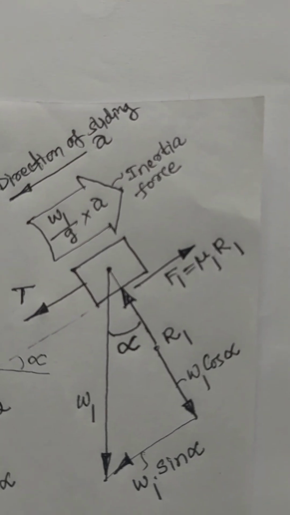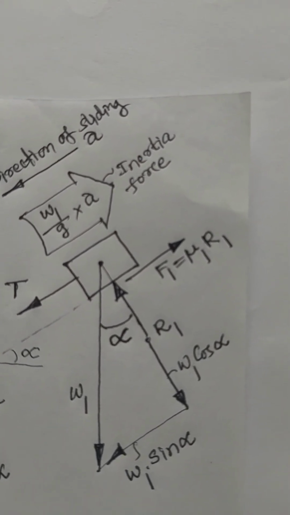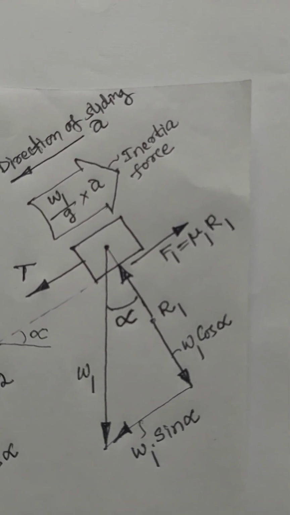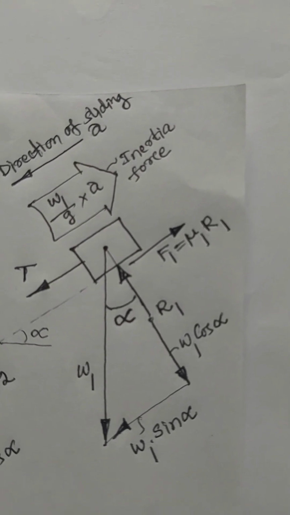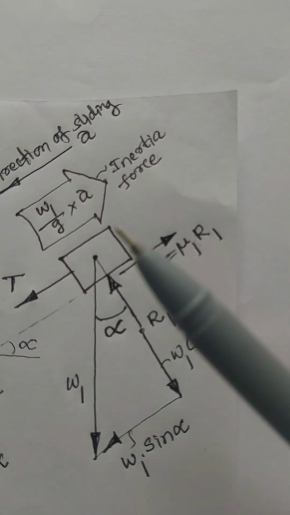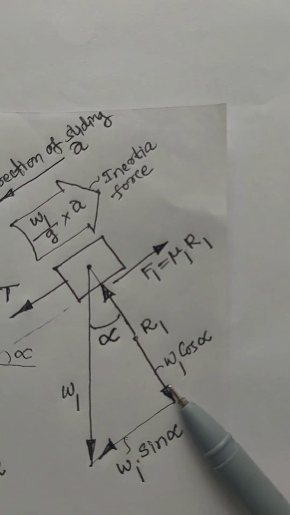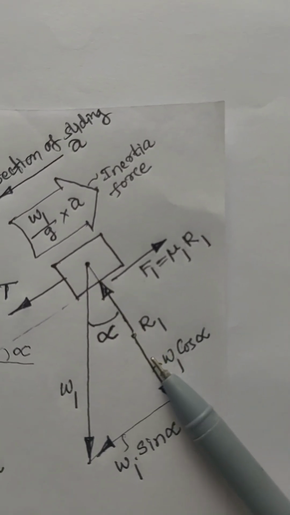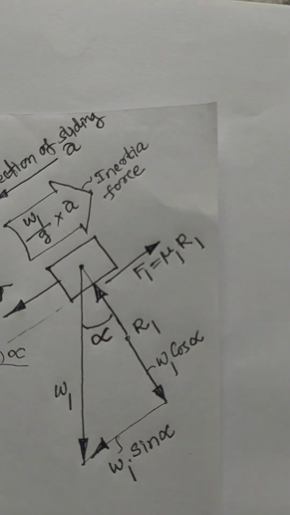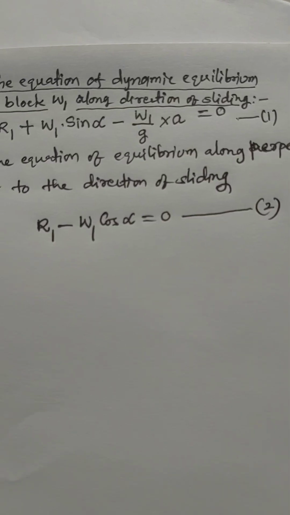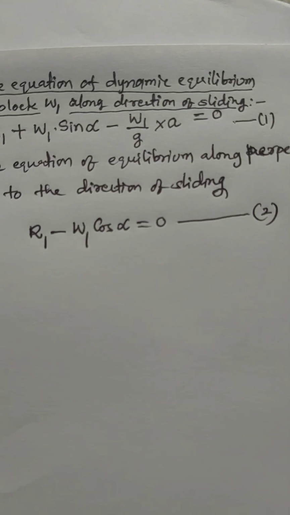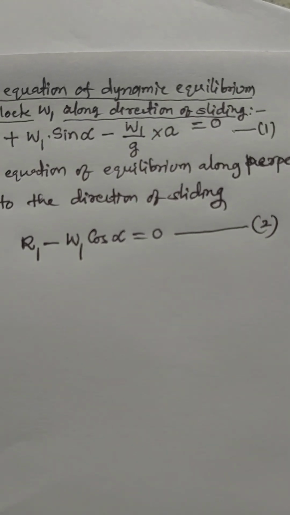When you write the equation of equilibrium along the direction perpendicular to the motion, or perpendicular to the direction of acceleration, we get the normal reaction force R1 and W1 cos alpha in the equation of equilibrium. R1 minus W1 into cos alpha equals 0.